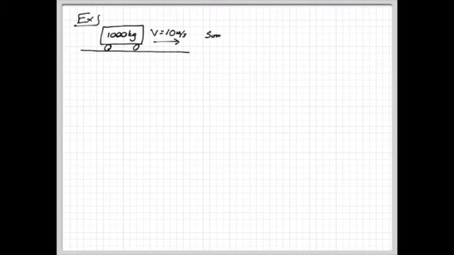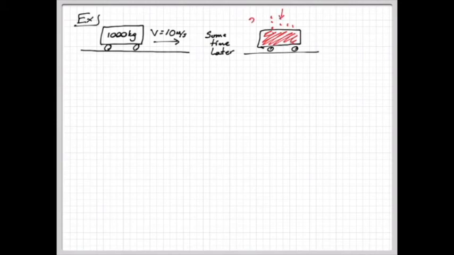Now we'll say that sometime later, while it's moving, we drop mass into it, maybe sand or gravel, like a bunch of particles just falling into it. We'll say that about 200 kilograms of this stuff fell into the cart.